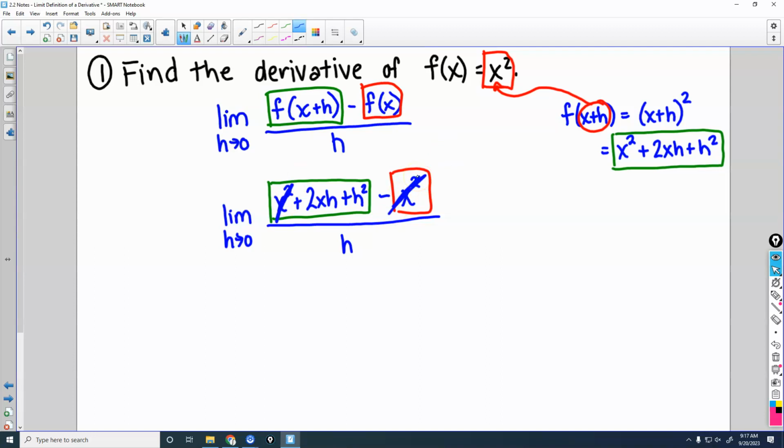And so we are left with 2xh plus h squared all over h. I should have an h in every term. I can factor out that h. So it will look like this, limit as h approaches 0 of h times 2x plus h all over h.